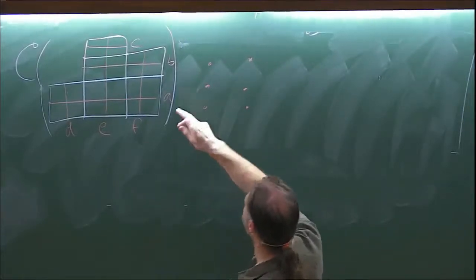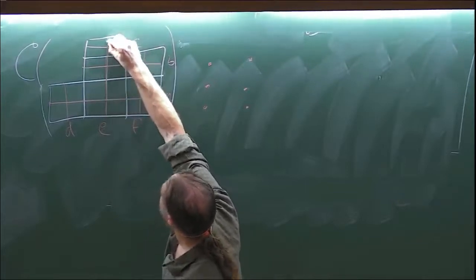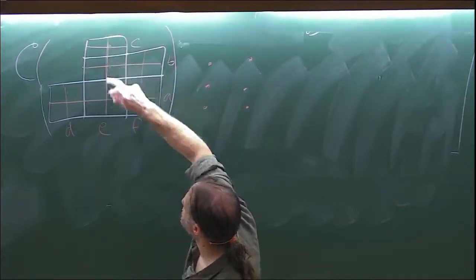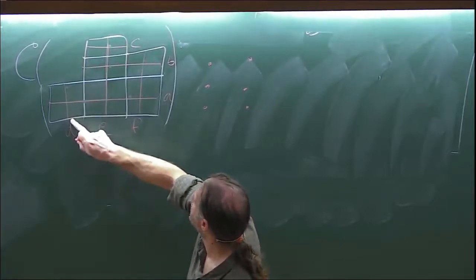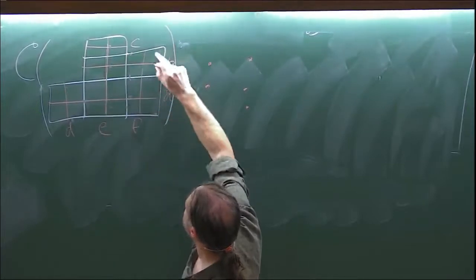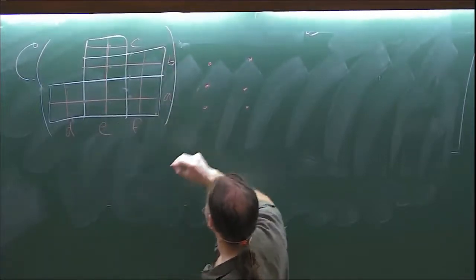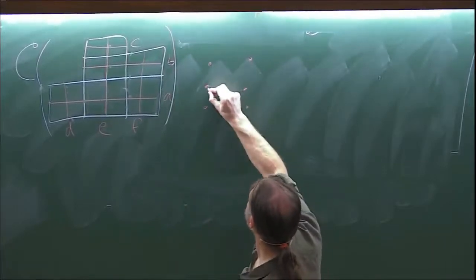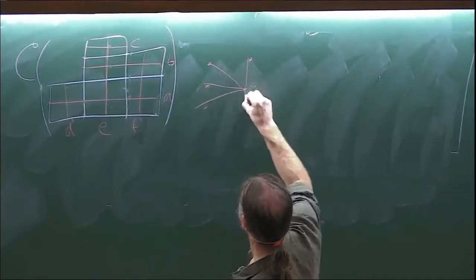I won't fill this out completely, but for instance, E intersects B, intersects C. The carrier of B intersects the carrier of D and the carrier of E, and actually this cube overlaps with this cube, so everything intersects E. So E is connected to everything.